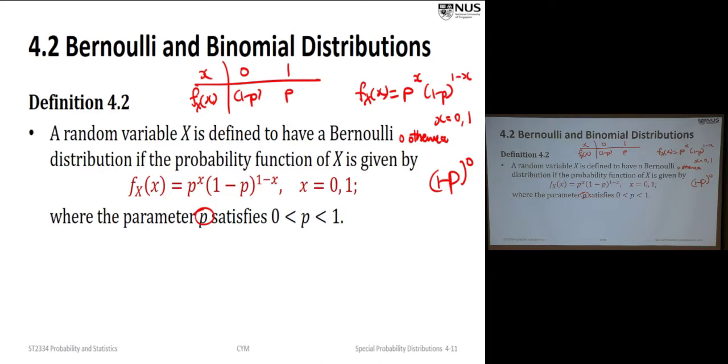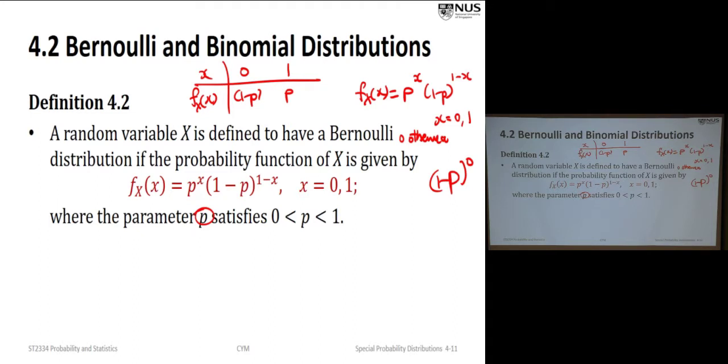Let's say P is the probability of getting a head. X equal to 1 is when we got a head. So maybe you usually think, oh, it must be a fair coin, so P must be 1/2. But I may have a coin which is not fair. So I don't know what the chance of getting a head is. So I tossed the coin 100 times.